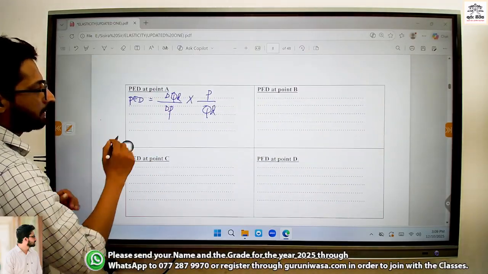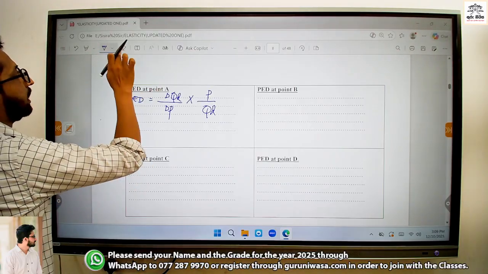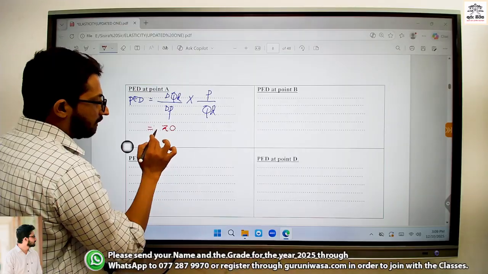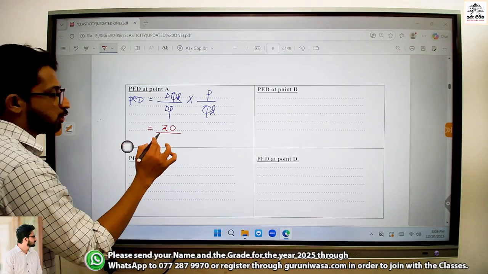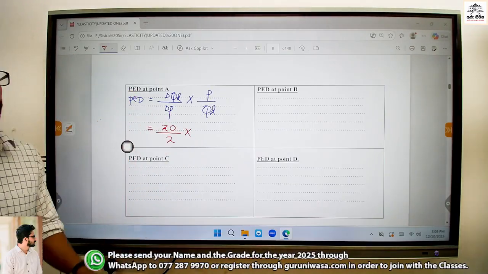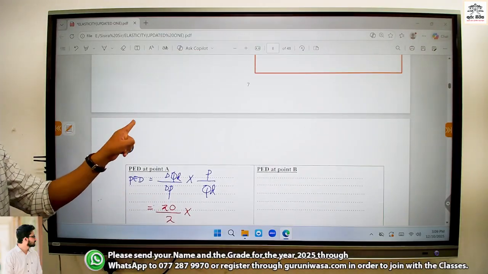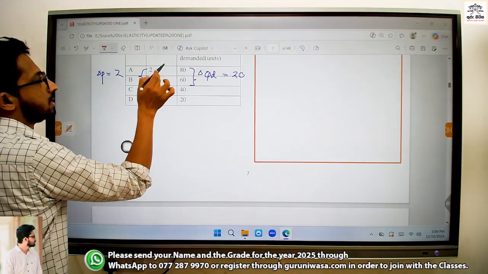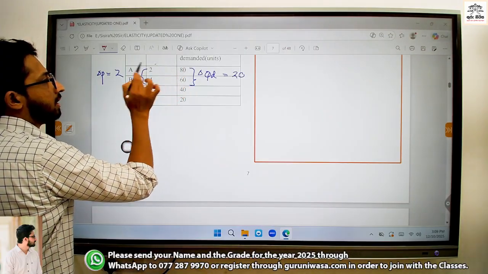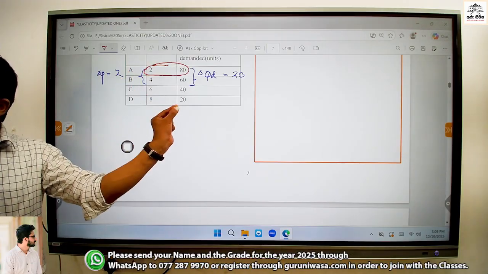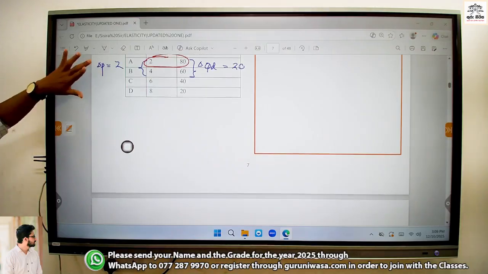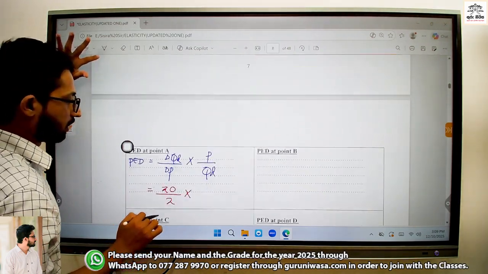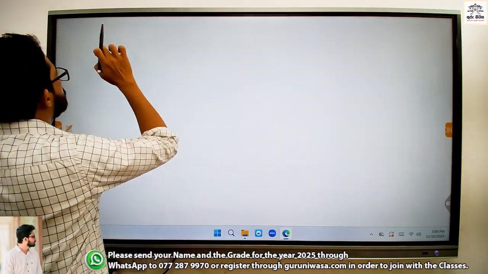First is change in quantity demand, how much is the value? 20 divided by change in price 2, into... I'm calculating price elasticity of demand at point A. Substitute price and quantity demand at point A. At point A, how much is price? Price is 2.